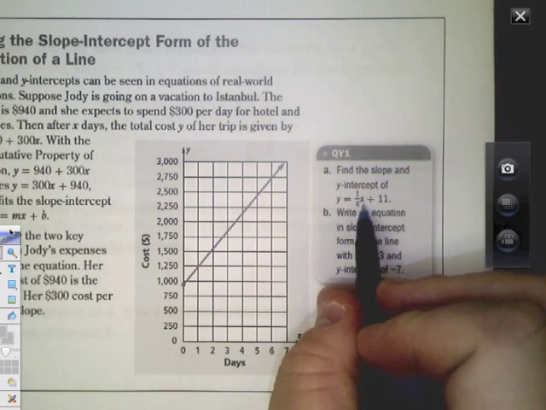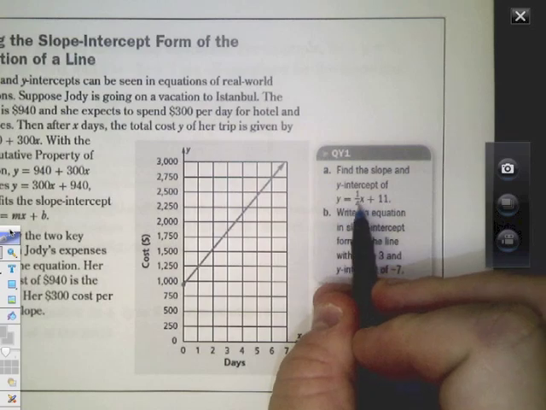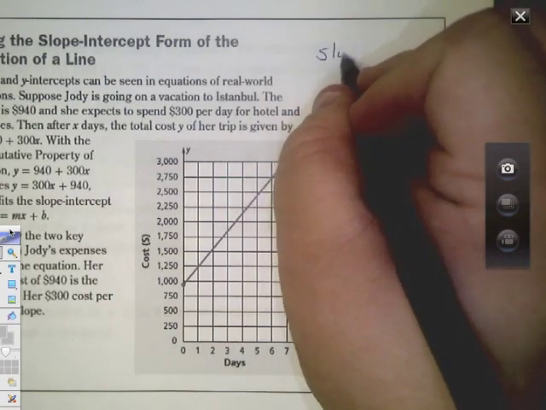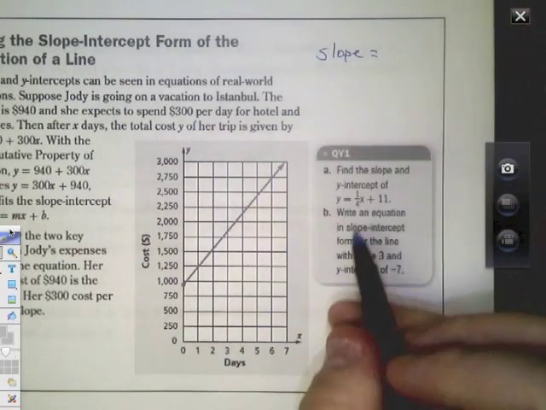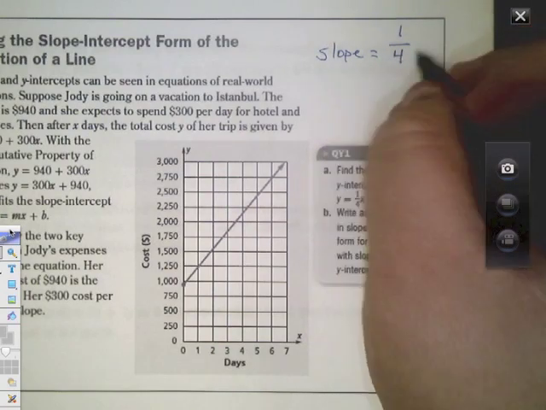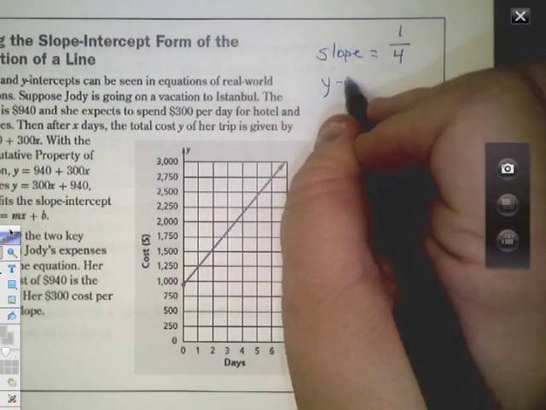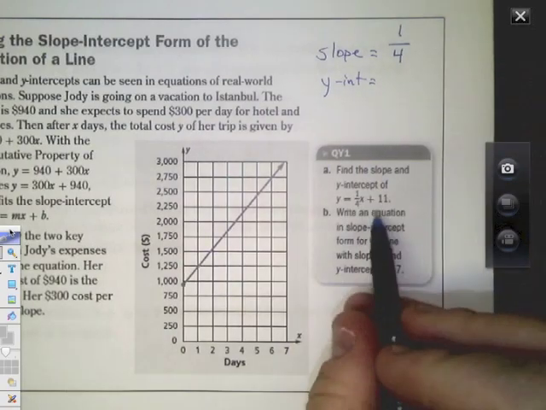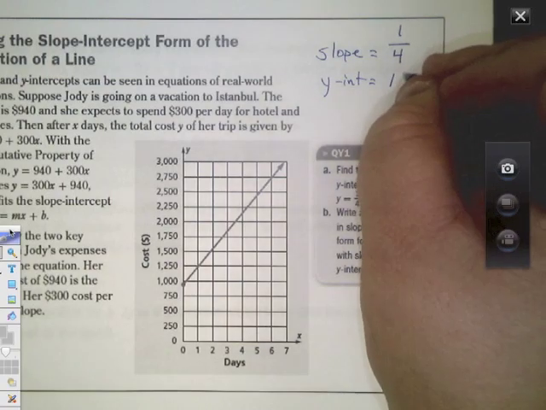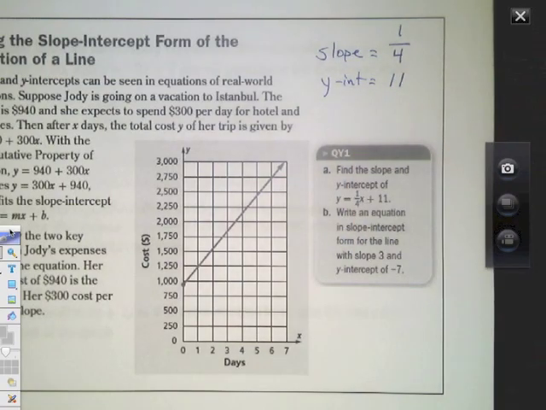If you remember, the slope is what's in front of the x value, or the x symbol. What's in front of the x? Slope is equal to 1/4. My y-intercept in this form is everything that comes afterwards, which in this case is 11.